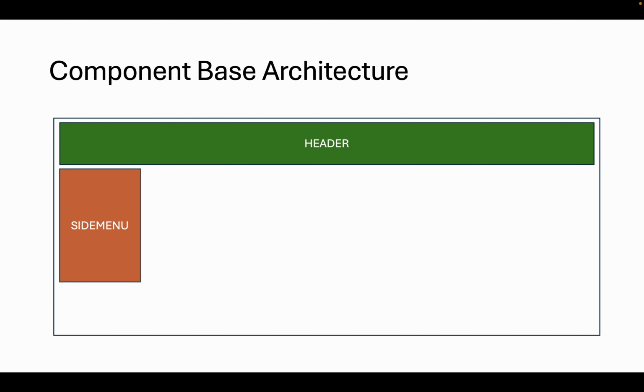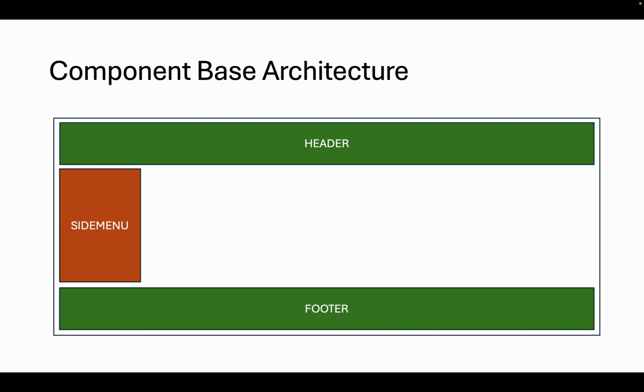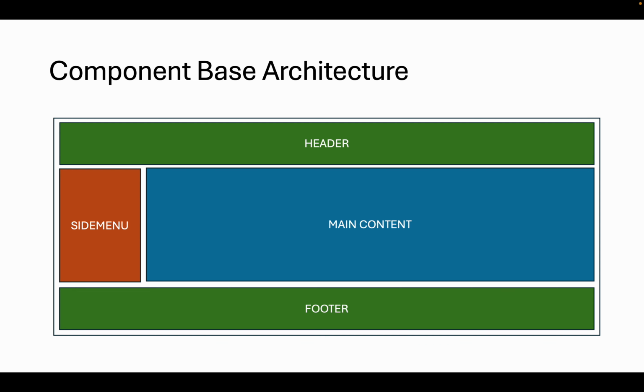I have a header as one component, a side menu as another component, a footer as another component, main content as another component. All these components, when we join them together, make a website. So you can divide your code into components, and then merge those components to make a big website or big structure or rich functionality for the project.